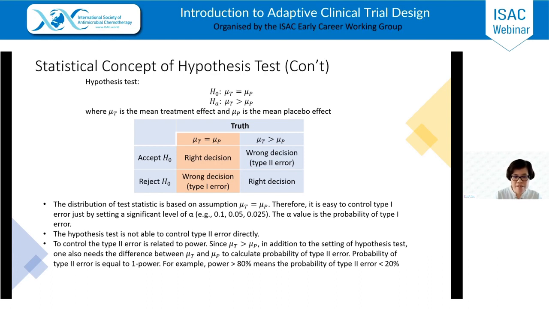And you need the hypothesis test setting as well, and some detailed information of the difference. So once you calculate the power, 1 minus the power is the probability of the type 2 error. So usually we want our power bigger than 80%. That means we want to control our type 2 error under 20%. So this is the idea.